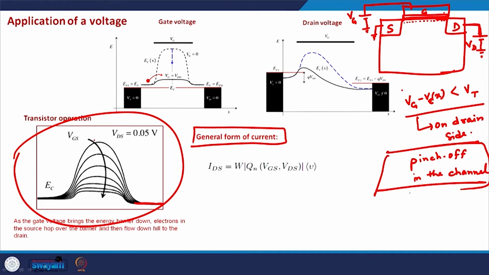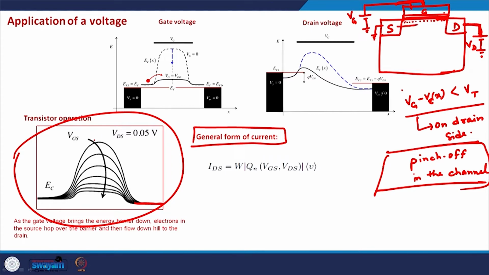Okay. So this is just to remind you that because of the drain voltage, the effect of the gate voltage is also disturbed in the channel. If there is no drain voltage, this gate voltage creates a uniform effect across the channel, but if there is a drain voltage, the effect of the gate voltage is now non-uniform.